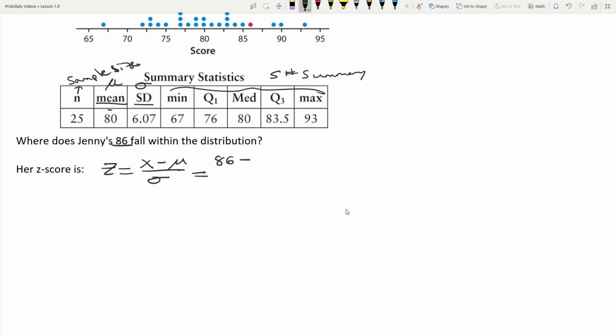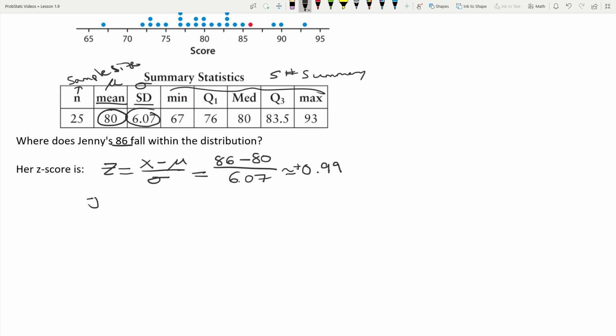Now we know what the mean is. The mean is 80, so 86 minus 80 divided by the standard deviation, 6.07. All right, so in this case, we get a z-score of about 0.99, and it's positive. So what does that mean?